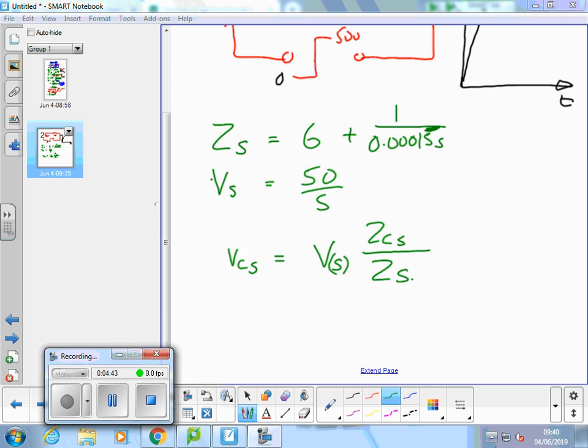Because we haven't got an expression for the current, we can't use Ohm's law, but we can use the voltage divider.